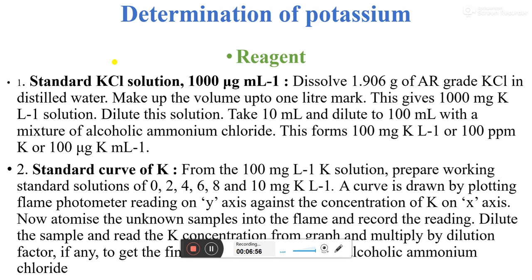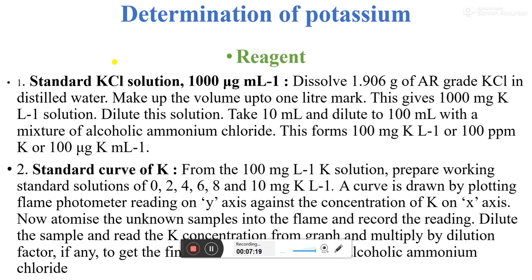The question is how it gives the 1000 milligram. While we are considering the 1.906 gram, this amount contains 1000 milligram of potassium, so that is why this gives 1000 milligram of potassium per liter in solution. Dilute this solution: take 10 ml and dilute to 1000 ml with a mixture of alcoholic ammonium chloride.